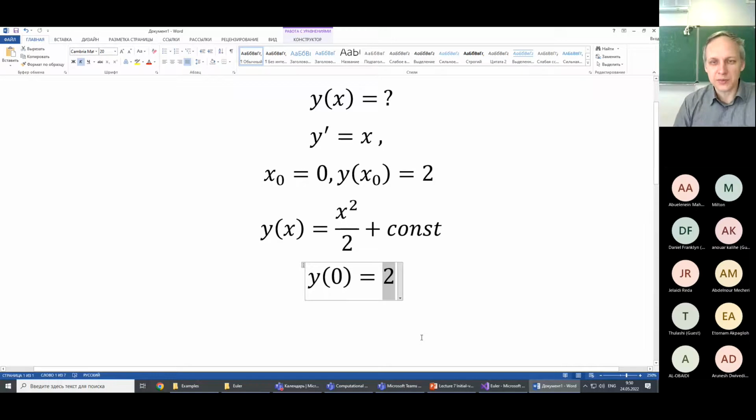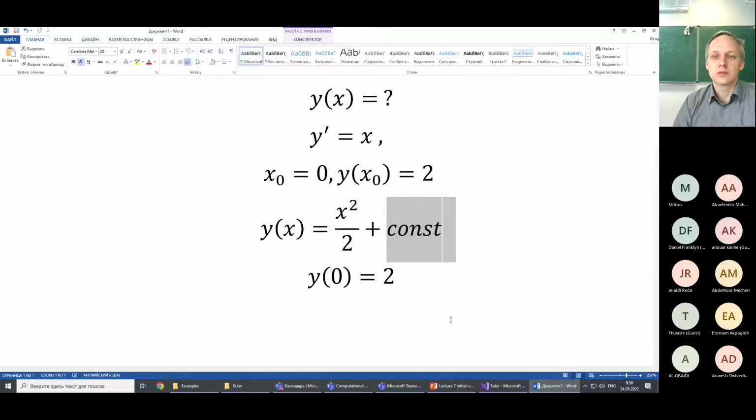And the same question, what is the constant? You have a general solution. You have an initial point, y of x0, it must be 2. What is the value of the constant in this general solution?